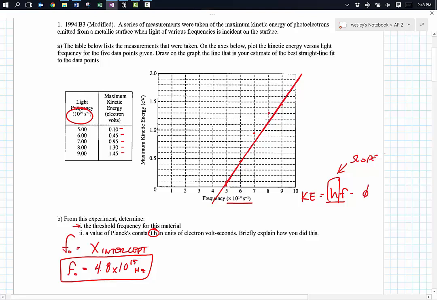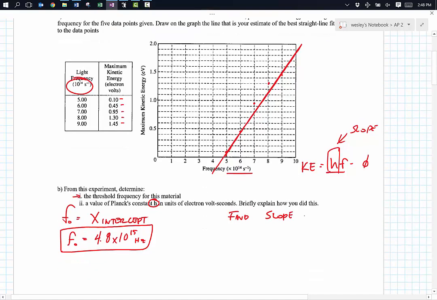So if I want to figure out what Planck's constant is in terms of electron volt seconds, all I need is the slope of my line. To find the slope, we need 2 points.